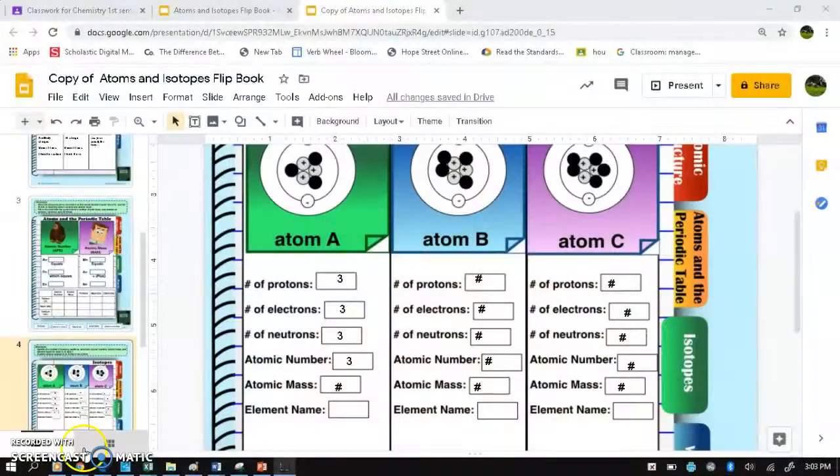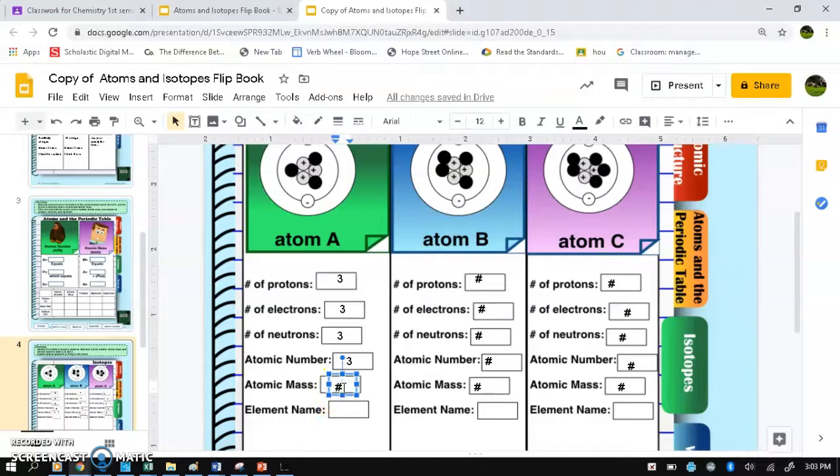Okay, so we had 3 protons, 3 neutrons. 3 protons, 3 neutrons, and that equals 6. So I don't care on this one if you use the symbol or the element name. I prefer that you, when you do this, it is lithium. How do I know it's lithium? You can put Li.